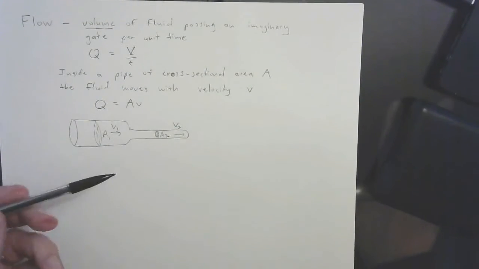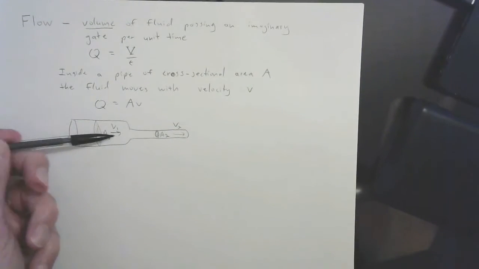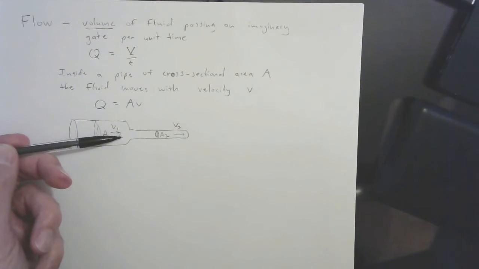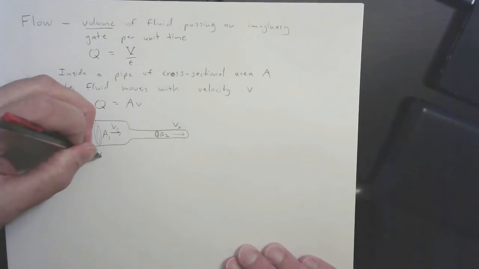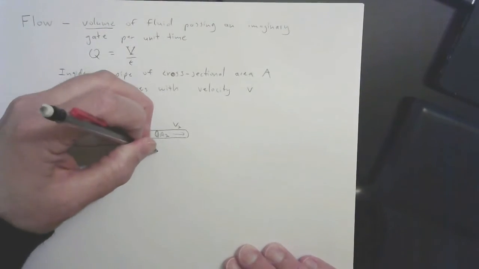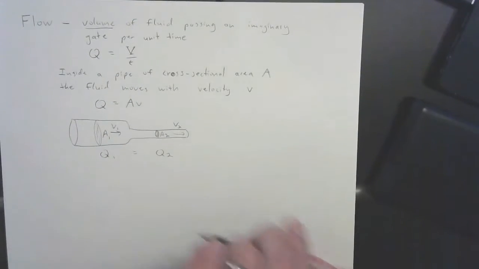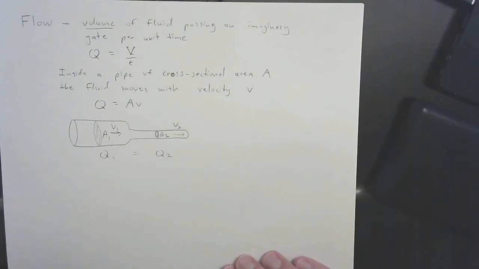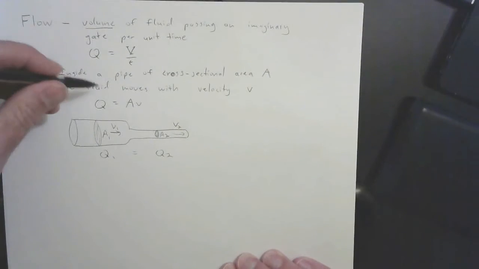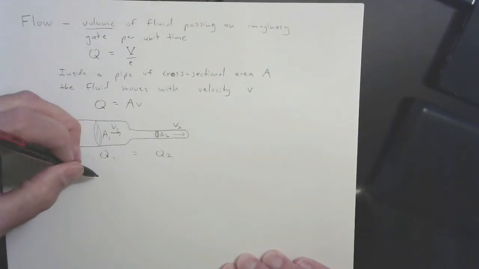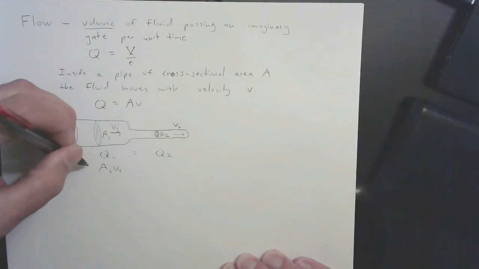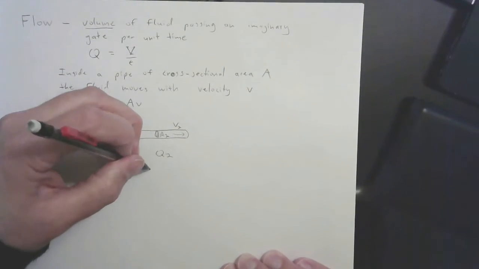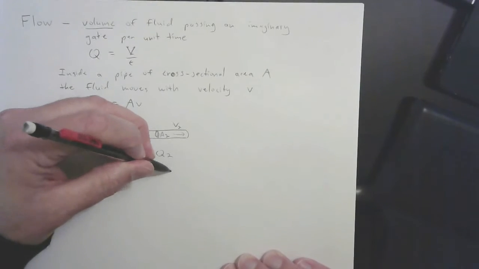If you're cramming the same amount of flow through, it's going to have to travel quicker, because Q1 is equal to Q2. The fluid has to get through there somehow. So you can substitute in to come up with area 1 times velocity 1 is area 2 times velocity 2.